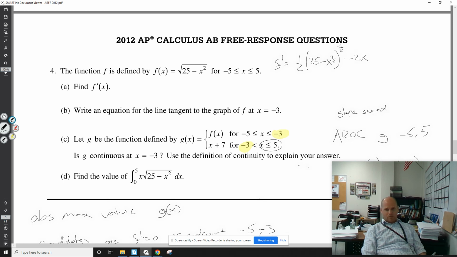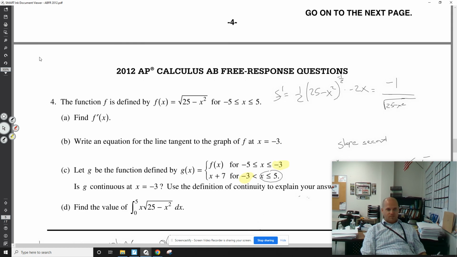I mean, I'm giving you a weird question. And that's -1 over root 25 minus x squared. When does this equal 0? And it doesn't. When x equals -5, it's undefined, which means we have a vertical tangent.